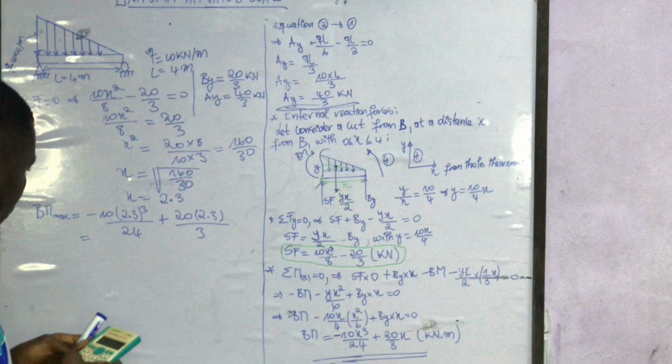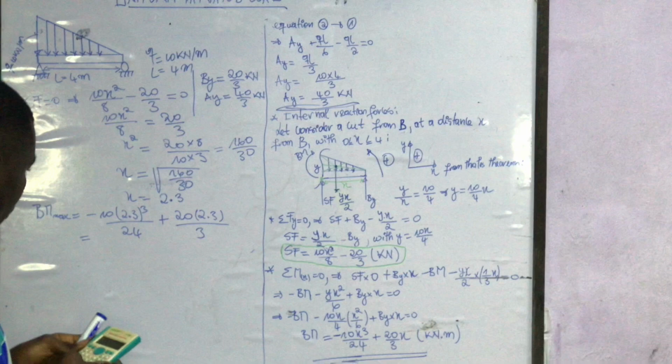Okay, so we have 0 there. And now at point B, by substituting x by 4, we have 4 squared divided by 8, 20.